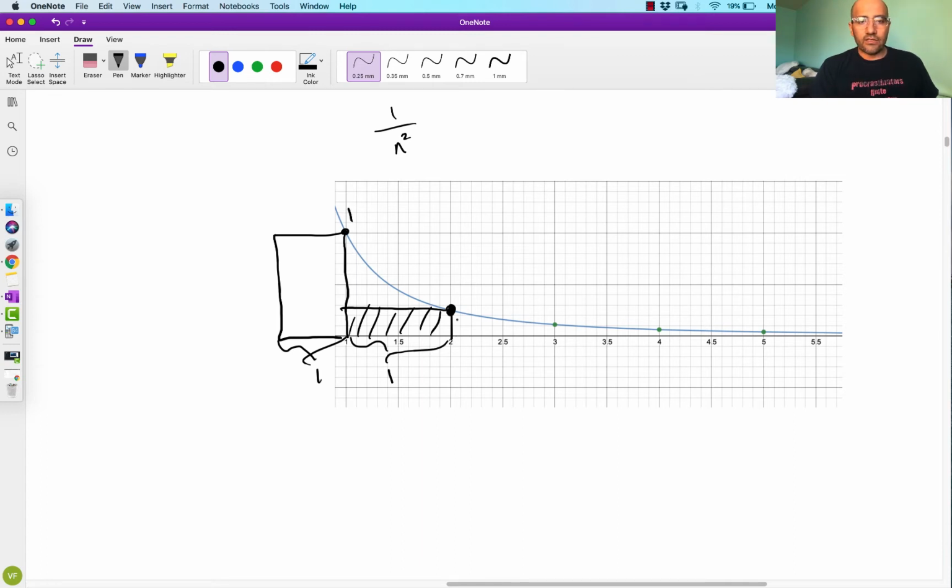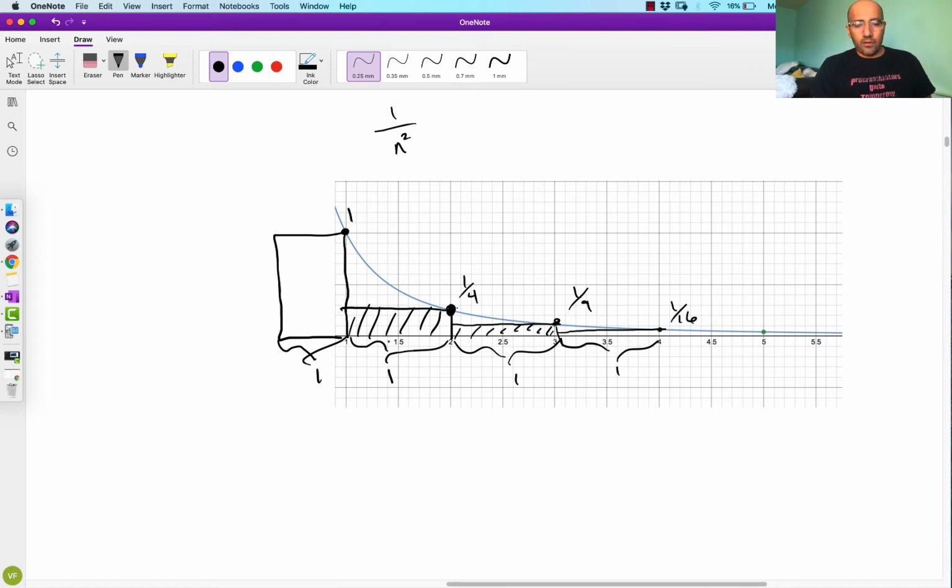And then here, this is a 2, so this is going to be a height of 1/4. Then over here, we're going to create this box right there, and the height of this guy is going to be 1/9. The height of this one is going to be 1/16. And again, we're going to create this little box like that, where this is definitely always a base width of 1.